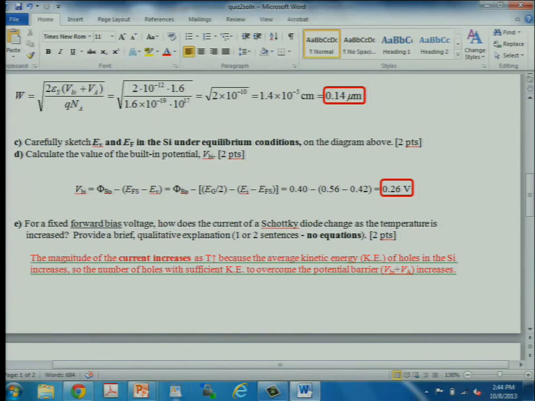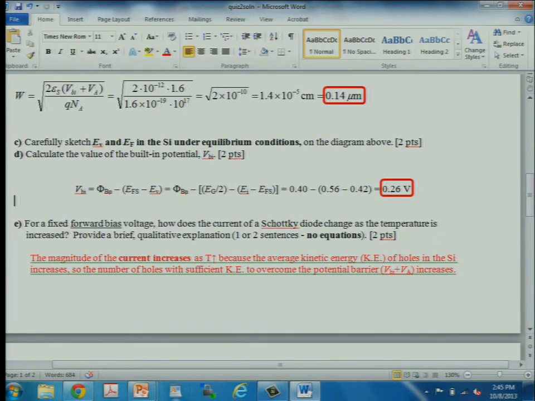So why does mobility increase as you increase temperature? The graph. Okay, so we have the typical graph from the lecture, log of mobility versus log of temperature, and you remember it looks like this.